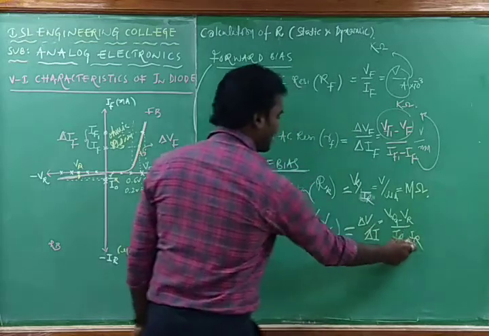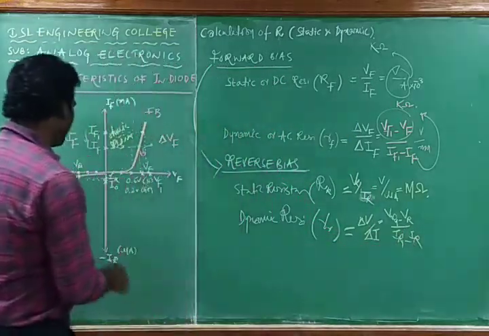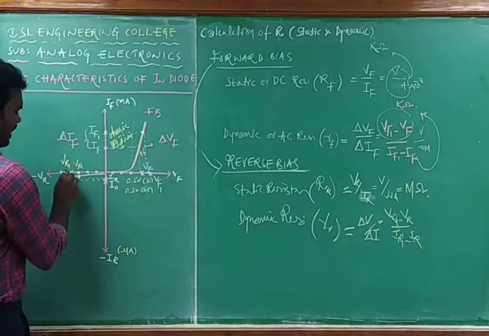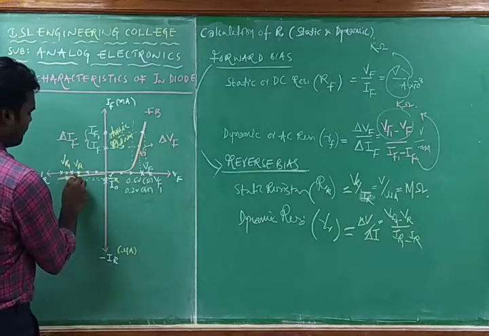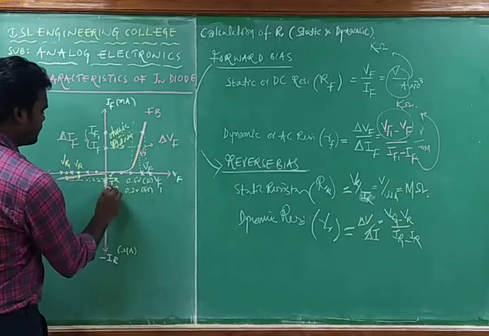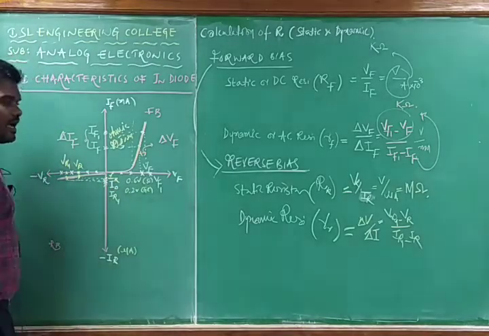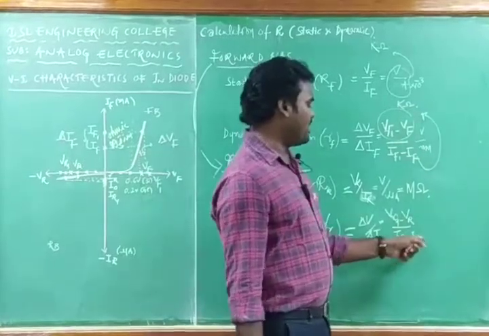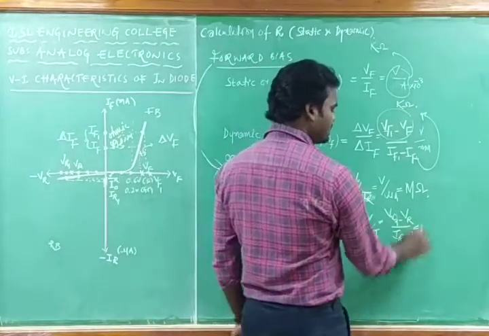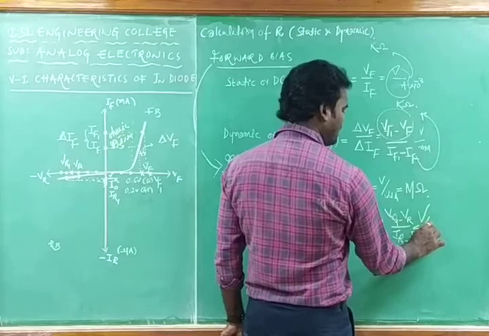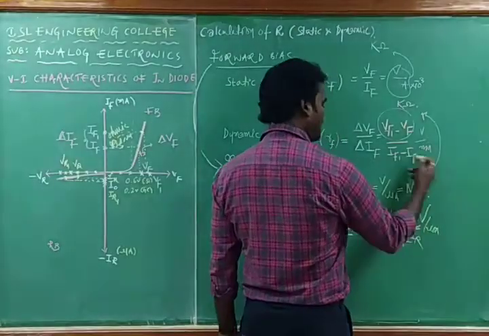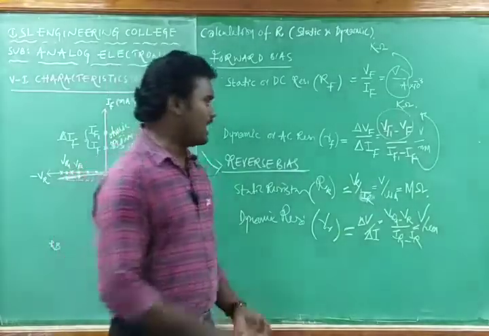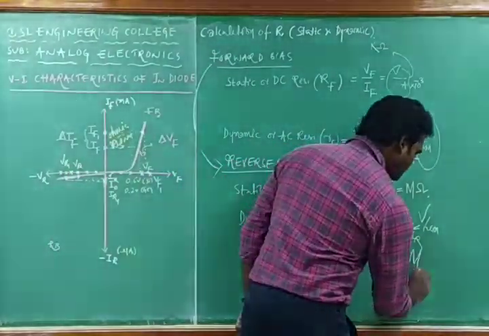So we have VR and IR, and we define one more point, VR1, which defines one point on the graph and gives IR1. So VR1 minus VR by IR1 minus IR is again in units volts by microamps. If you take 10 power of minus 6 to the numerator, it becomes 10 power of 6, so it is in mega ohms.